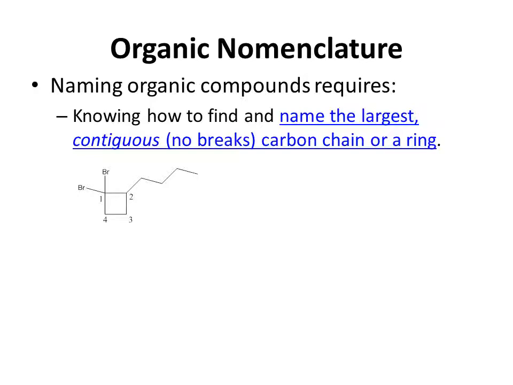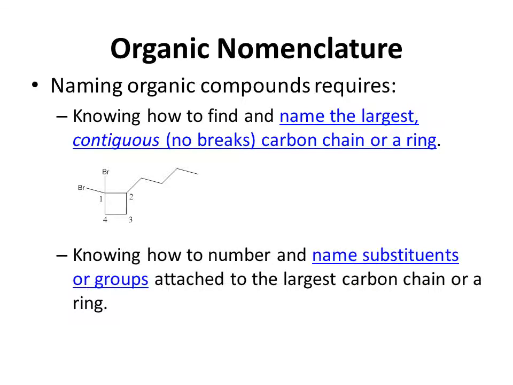Now let's see why we need to number it that particular way. So we need to look at numbering and naming substituents or groups attached to the largest ring. The 2 bromines are at position 1 because it's dibromo. We ignore di in the alphabetical ordering. Br comes before Bu in butyl.